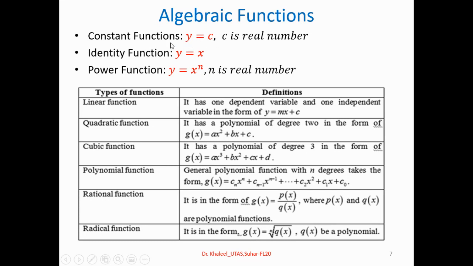When there is no x, it is known as a constant function, where this C is any real number. Then we have the identity function, where x and y are the same. That means all the elements in A and all the elements in the second set B are the same. So that is known as the identity function.